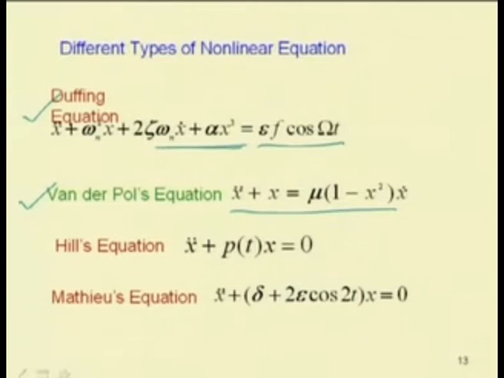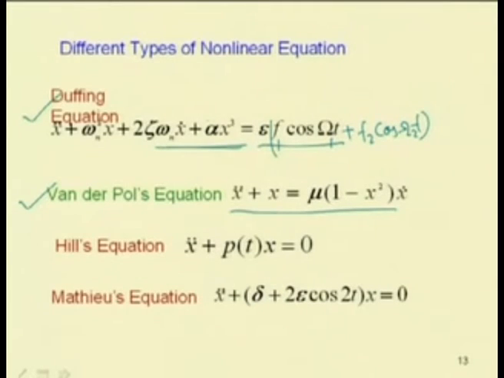Instead of a single force you can have multiple forces with different frequencies, for example, F1 cos omega 1 t plus F2 cos omega 2 t. So, this will be a two frequency excitation. Similarly, you can have multiple frequency excitation in the Duffing equation, or a series of harmonics in terms of cos and sine applied to the system.